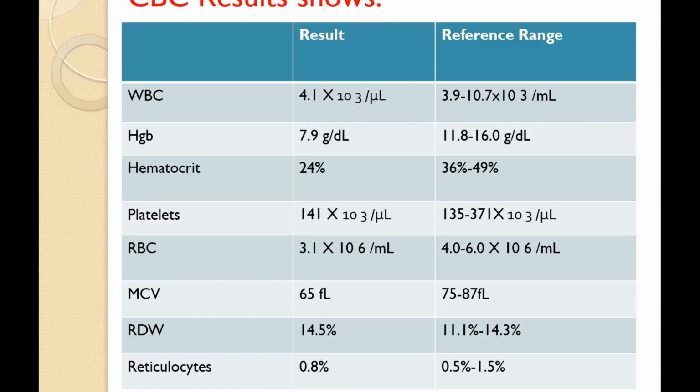And in newer CBC counters, there is one more parameter in the counter, reticulated hemoglobin. If reticulated hemoglobin is low, it is more indicative of iron deficiency, because we get this ferritin done. Ferritin is also a marker of inflammation.